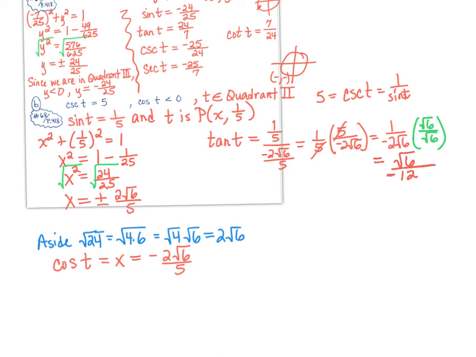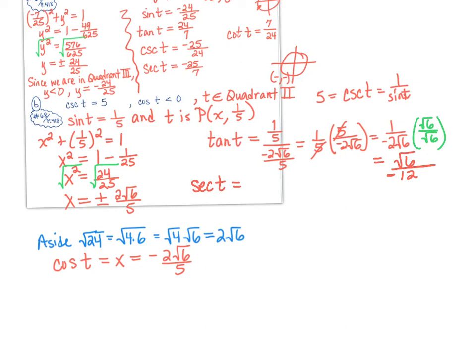Okay? Now, secant of t. Secant of t is also 1 over what? Come on. 1 over what? 1 over cosine of t. So you have 1 over negative 2 square root 6 over 5. So what does that give you? You don't have to rationalize it right away.